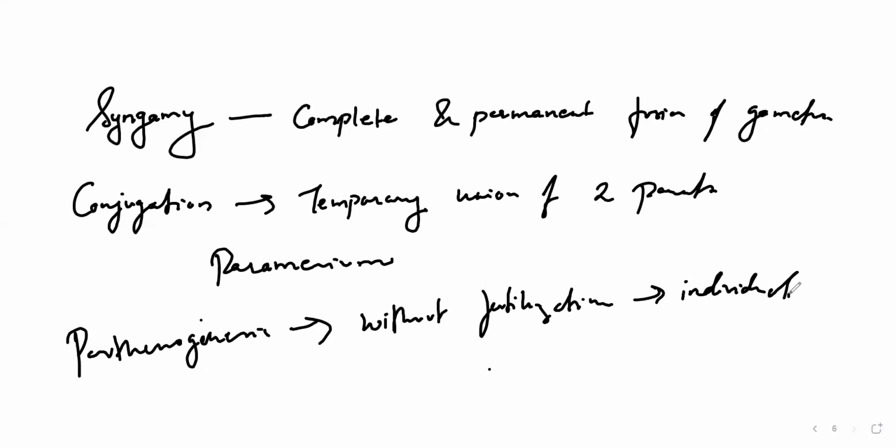Hence it's called without fertilization reproduction, that is parthenogenesis. There are two types, natural and artificial parthenogenesis, and depending on whether it's naturally or artificially occurring, there are different types. This is not needed in detail for you, so we'll move on to the characteristics of sexual reproduction.